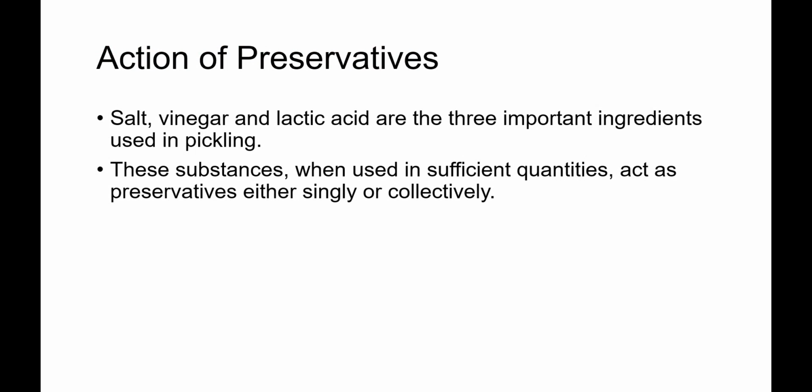If these ingredients are used in sufficient quantity, they act as a preservative. The action of preservation has multiple roles that I will discuss in detail in the upcoming slides, but they act as preservatives either singly or in combination.